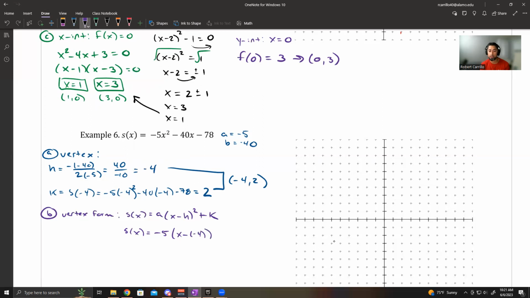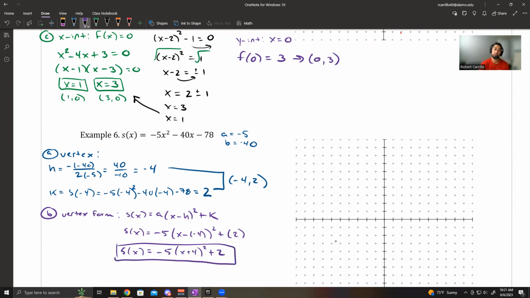Put that in parentheses. Don't forget the square. Plus k, which is 2. Just nice to put parentheses in everything. You don't have to put parentheses on the -5, but you can if you want. All right. S of x equals -5 times x plus 4 squared plus 2. There it is. Vertex form.